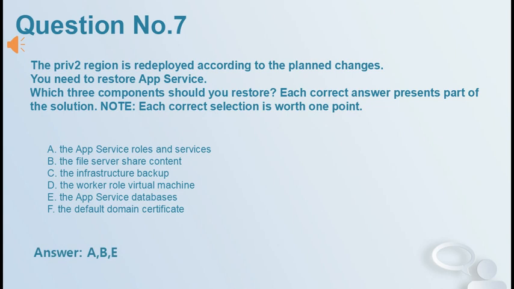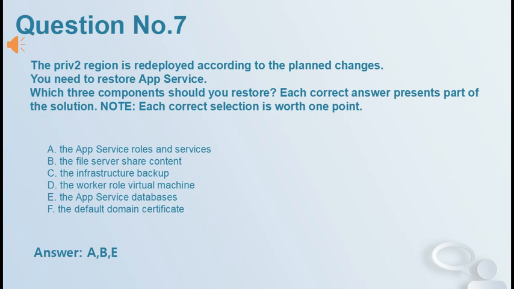The Priv2 region is redeployed according to the planned changes. You need to restore App Service. Which three components should you restore? Each correct answer presents part of the solution. Note, each correct selection is worth 1 point. A. The App Service roles and services.